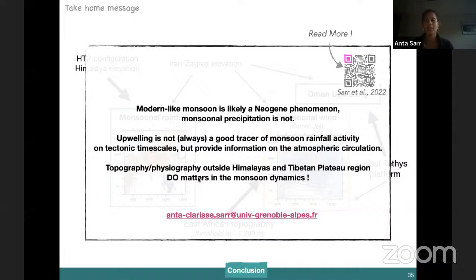But I have an issue with the Indonesian throughflow, mostly because when you change that in the model, nothing happens most of the time. Also, the timing is a bit different from this 13 million year date, because closure of the deep water is probably before that. What matters in terms of climate is probably located much more during the Pliocene than during this mid-Miocene monsoon thing. Cool, thank you.